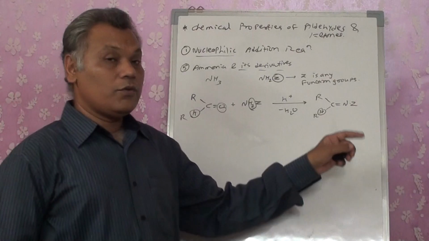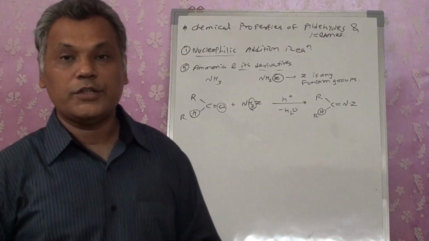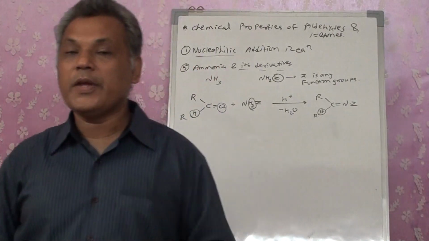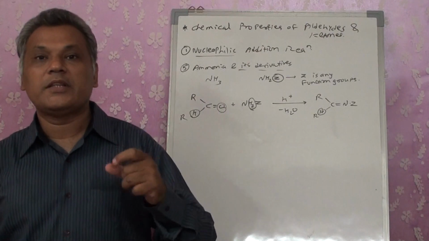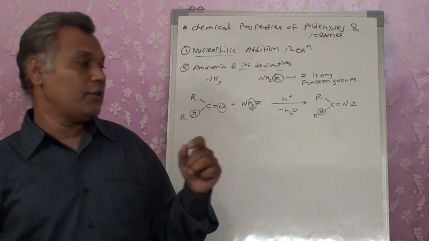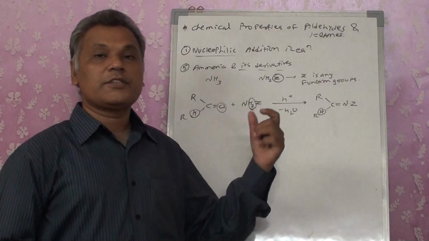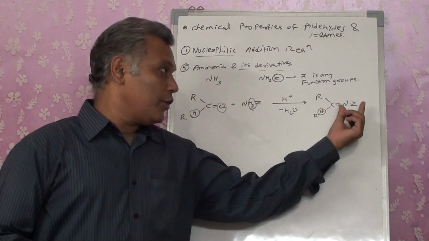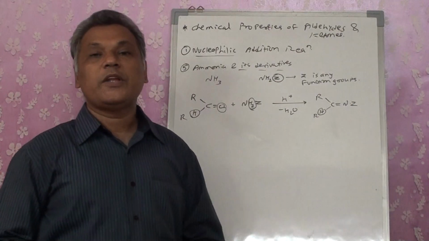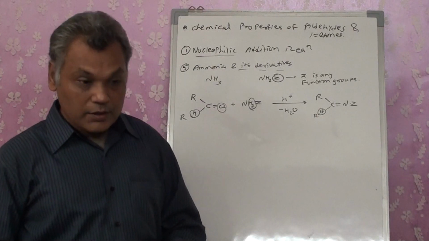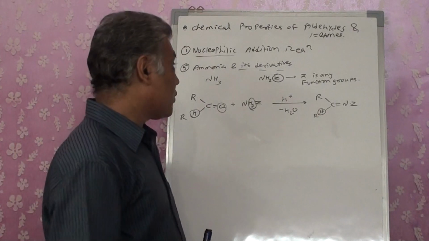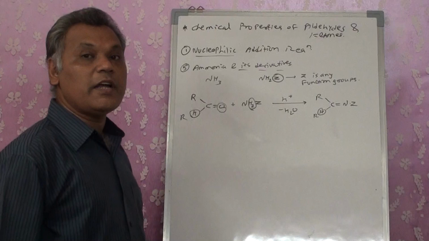Though it is a nucleophilic addition reaction, there should be a carbonyl group present in it, but in this reaction the water is removed, oxygen is removed, and the nucleophile attacks in place of oxygen. These reactions are also considered condensation reactions.